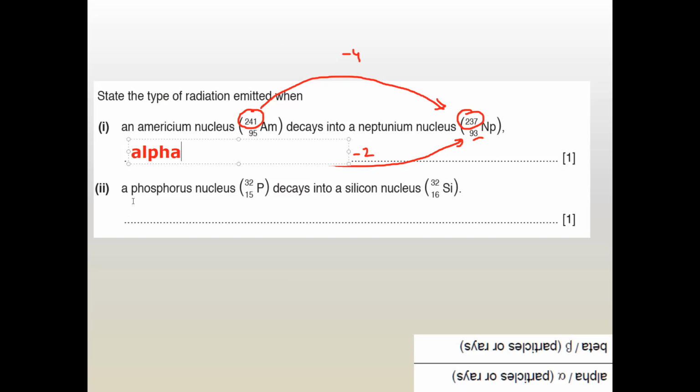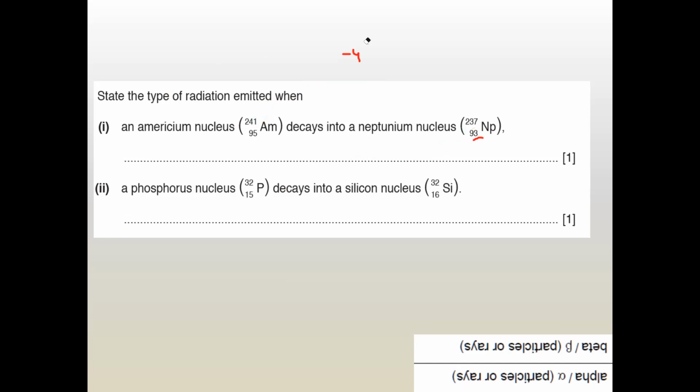Because in alpha emission, the nucleon number changes by 4 and the atomic number changes by 2. Then phosphorus decays into silicon. As you can see, the nucleon number does not change. Originally it is 32, it remains 32.